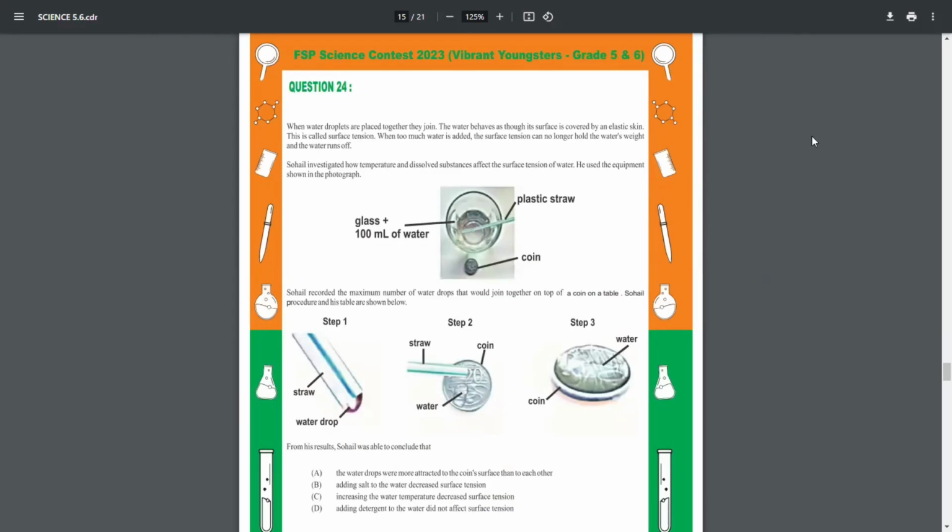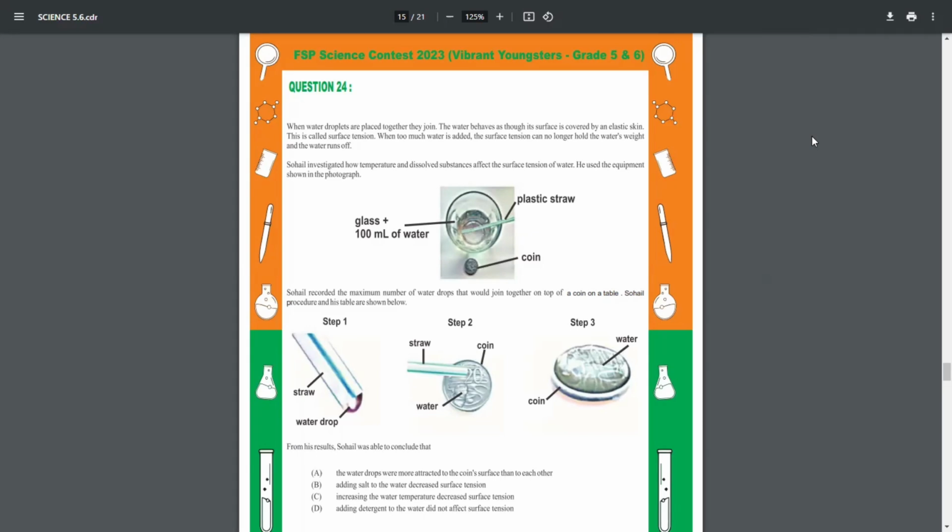Question 24. When water droplets are placed together, they join. The water behaves as though its surface is covered by an elastic skin. This is called surface tension. When too much water is added, the surface tension can no longer hold the water's weight and the water runs off. So Hale investigated how temperature and dissolved substances affect the surface tension of water.